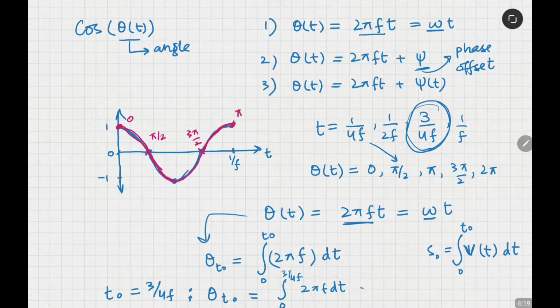If you solve this, you will get 2 pi f into 3 over 4f. Sorry, the f is in the denominator here. And this would give you 3 pi by 2. This is the exact value that we found over here.